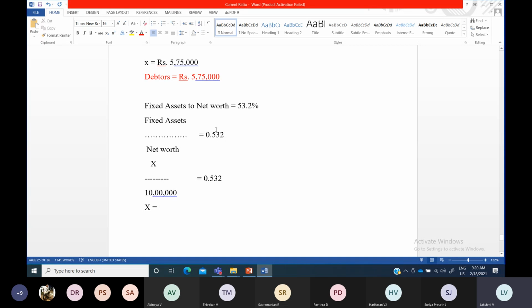Now I substitute here: 10 lakh into 0.532, you will get this X, which is known as fixed assets. So how much are you getting? 10 lakh into 0.532? 5 lakh 30... 5,32,000.